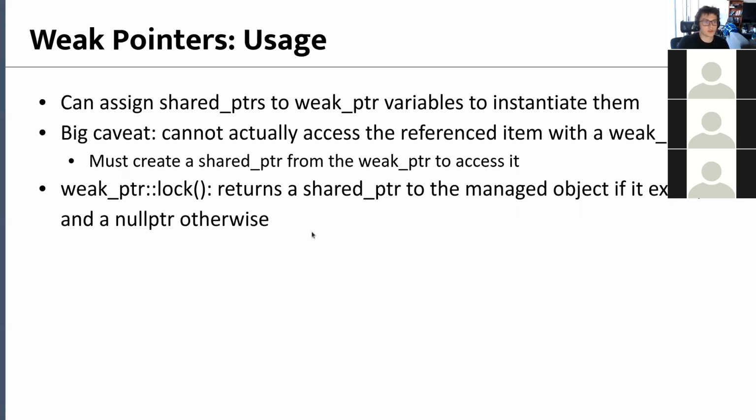If you have a weak pointer and you call lock on it, it will return a shared pointer to the managed object if the object still exists. But if the object doesn't exist anymore, then you'll get a null pointer, which is very useful if you want to determine if the object still exists or not. And if we were using raw pointers, obviously there's no data under the hood for a raw pointer, so it has no way of knowing if the thing it's pointing to has already been cleaned up or not.